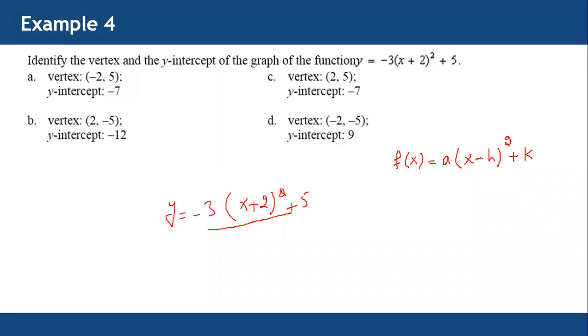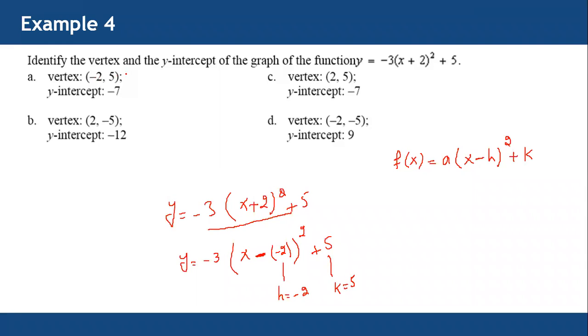We have x minus h, but here we have plus, so write it in the form of minus. y is equal to minus 3 into (x minus (minus 2)) whole square plus 5. So this is the general standard form. Now we have h equal to minus 2 and k equal to 5.